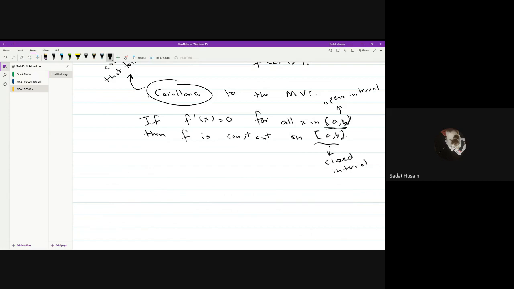So by the mean value theorem, the proof is this.